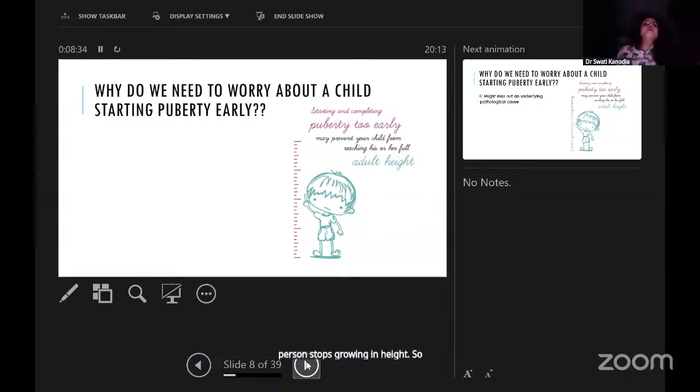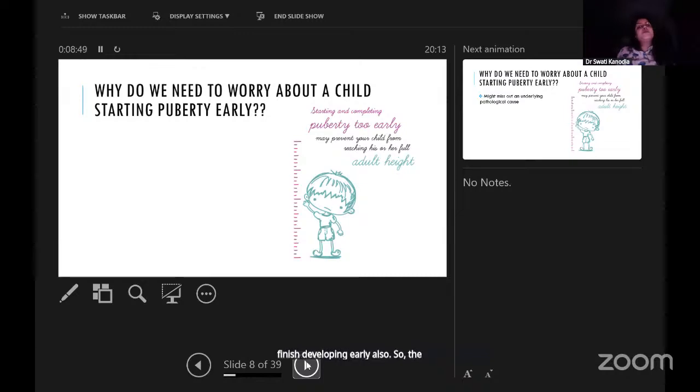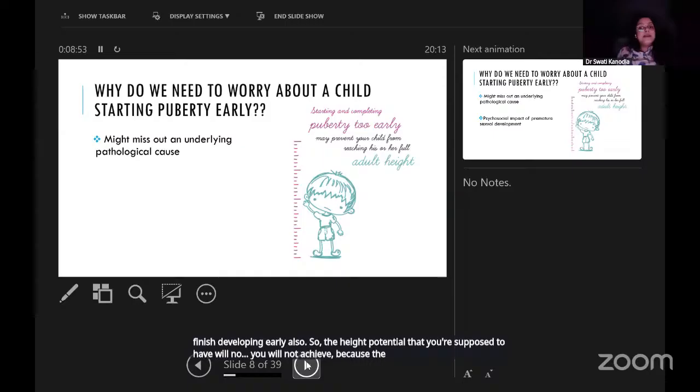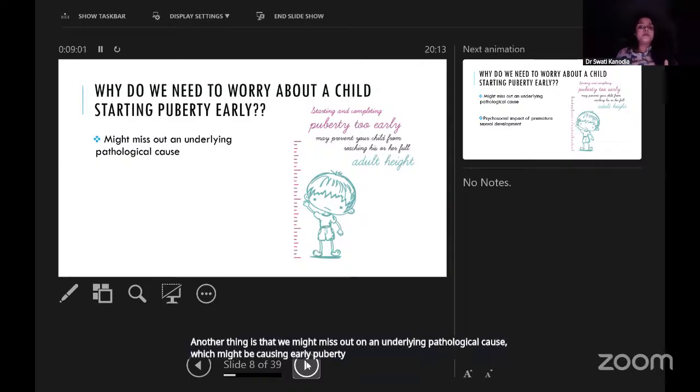If you start puberty early, you are having the changes which you are supposed to have at 11 or 12 years of age at 8 or 7 years of age. Once you start developing, you will finish developing early also. So the height potential that you are supposed to have you will not achieve, because the bones will fuse earlier. Another thing is that we might miss out on an underlying pathological cause which might be causing early puberty as one of its symptoms.